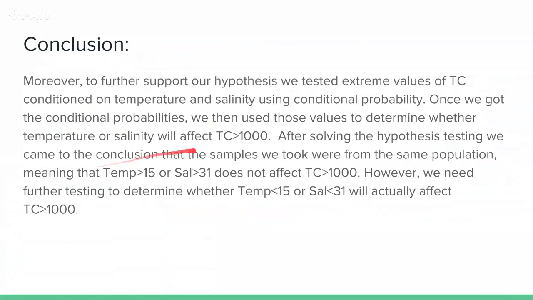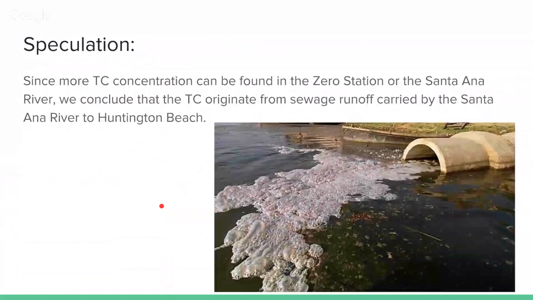After solving for the hypothesis testing, we came to the conclusion that the samples we took were from the same population, meaning that temperature being 15 or salinity being greater than 31 does not affect TC being greater than 1,000. However, we need further testing to determine whether temperature being less than 15 or salinity being less than 31 will actually affect TC being greater than 1,000.